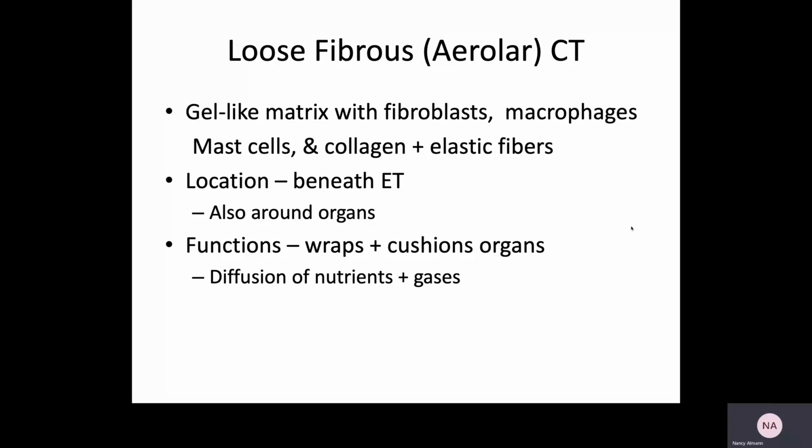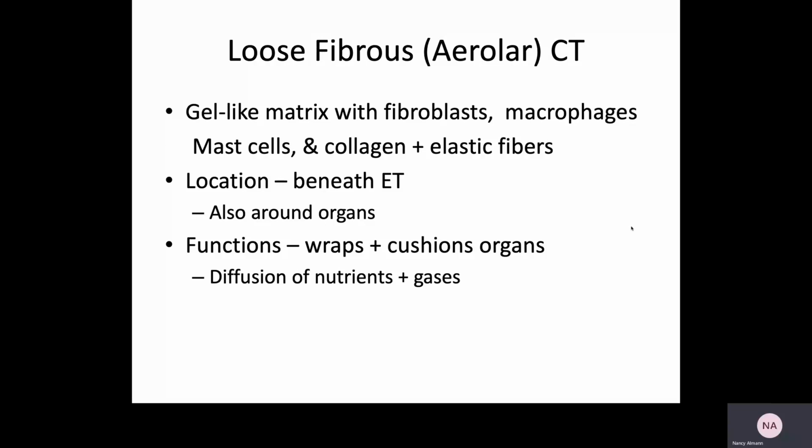You will find it beneath epithelial tissue and also around organs, because it sort of acts like a wrapping and a cushioning for organs. And it is also a place or space holder. You don't want your organs to be slopping around, moving around when they're in your body. So this provides a space or place holder.